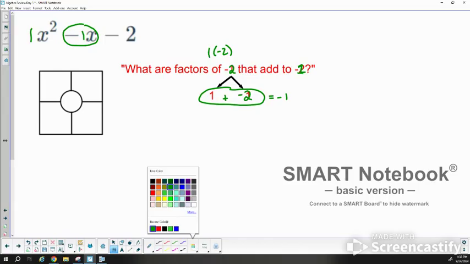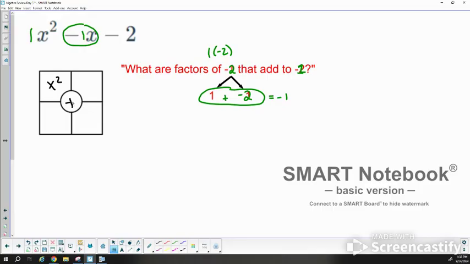Okay, so I put the x squared in the first box, negative 1x, your middle term, goes in the circle, and negative 2, the constant, is in there. And then we just found the 2 factors, 1x and negative 2x. And notice, if I add the 2 red terms together, they're going to give me negative 1x, that middle term.